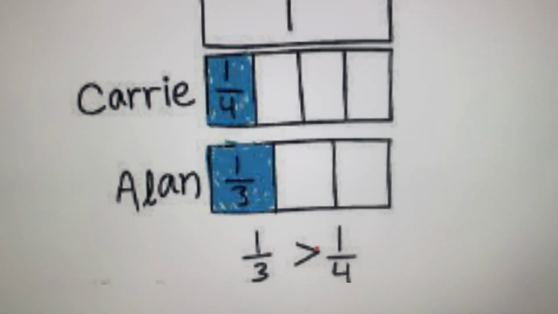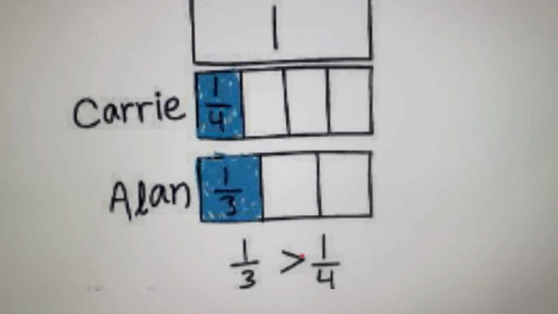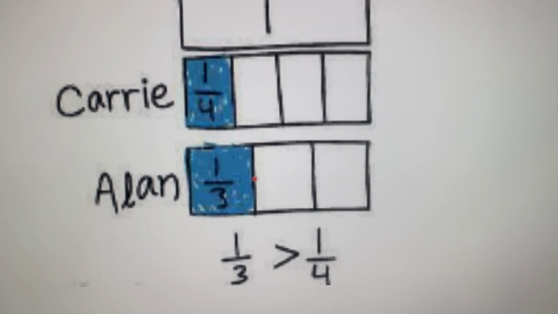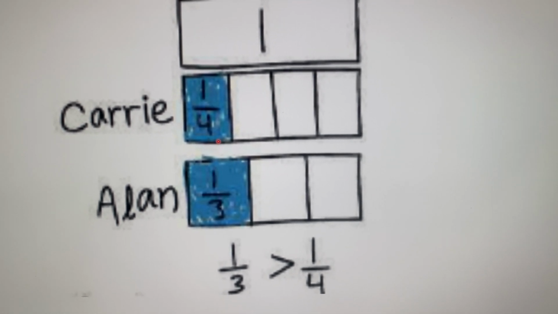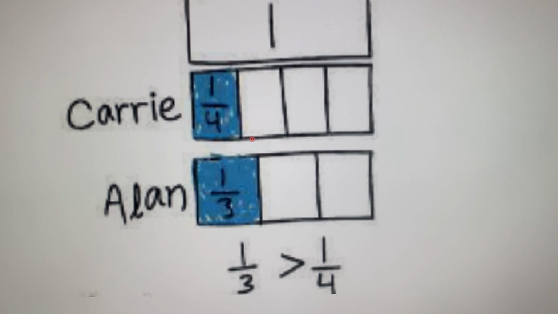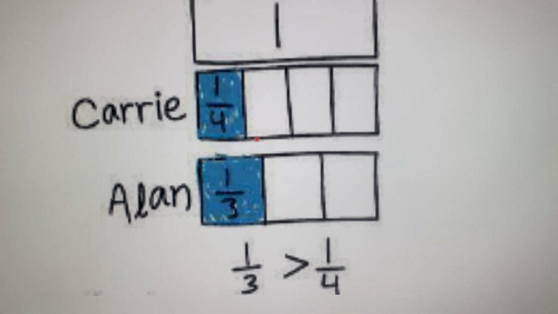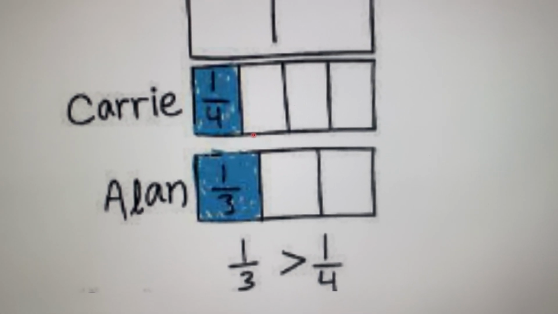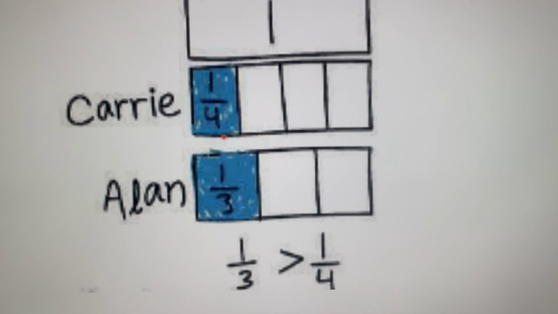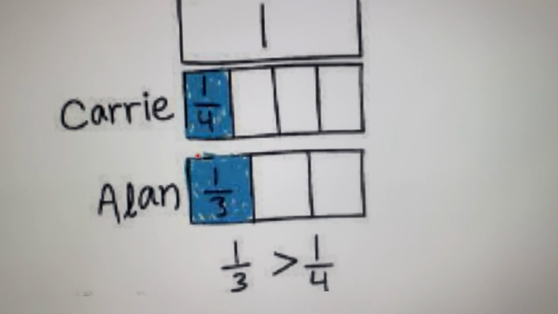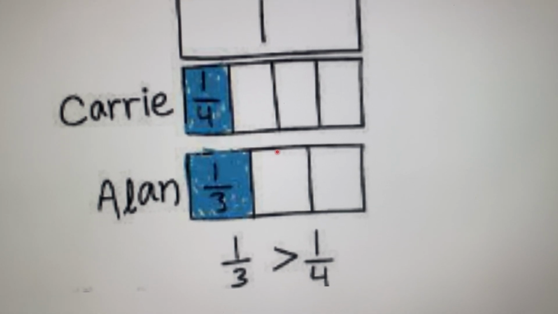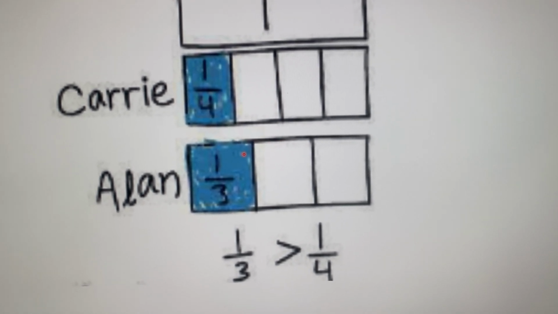Okay, why? Look everyone at the models. When I need to break Carrie's model into 4 equal parts, I'm going to take more parts. More parts means smaller space. Here I have only 3 equal parts, so the parts are big.